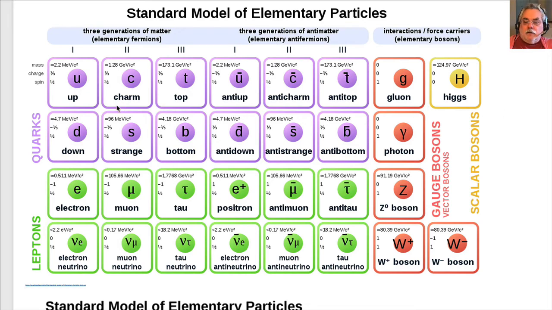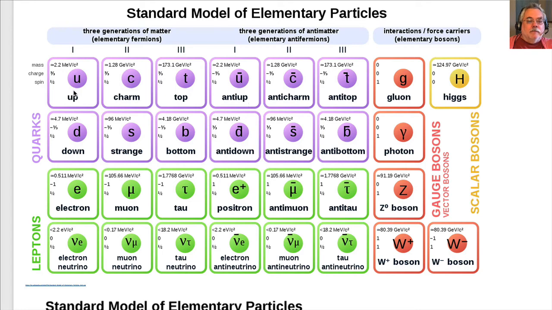The antiparticle version of a fermion is usually given the prefix anti. For example, here's the up quark, which is a matter quark, and here is the anti-up antimatter version. And it's usually shown with an overbar over the particle symbol.